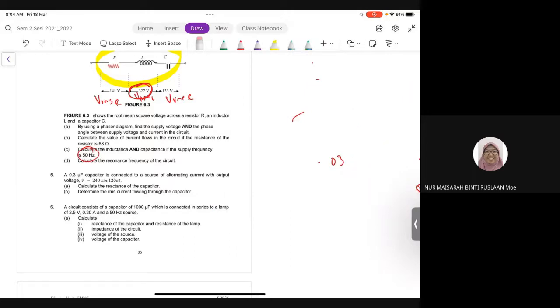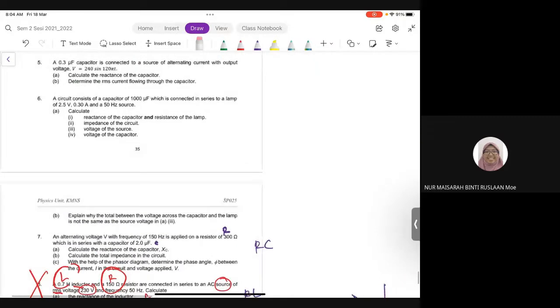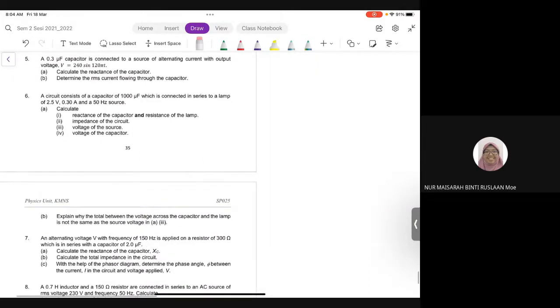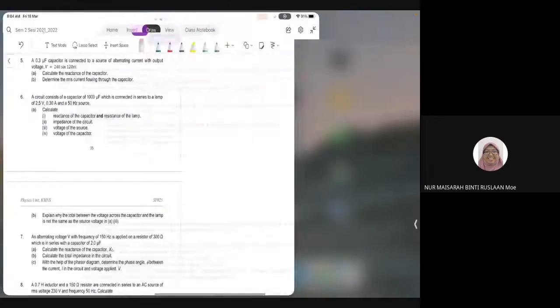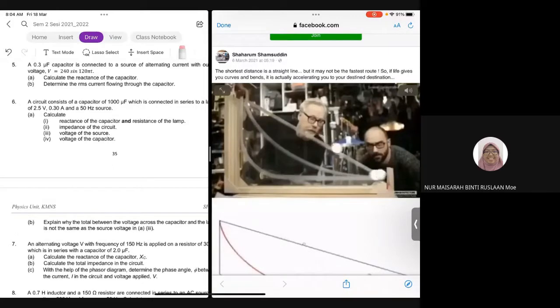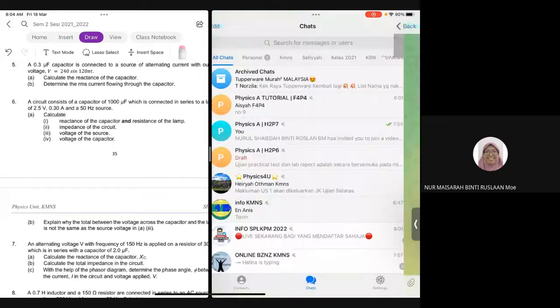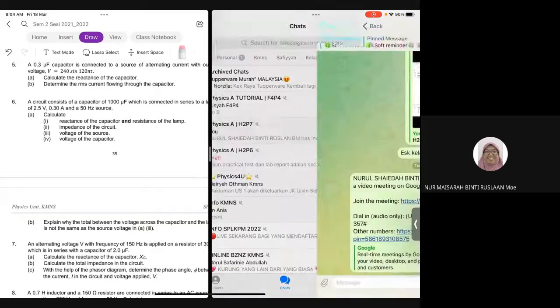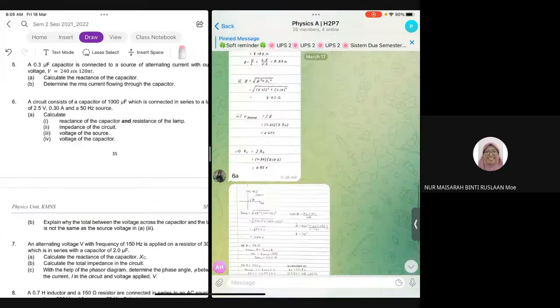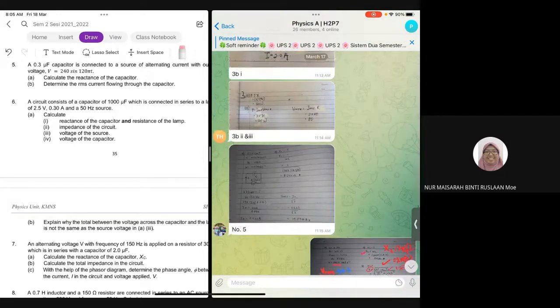Mungkin kelas P4 kot, 5 dah ke F4. Tak apalah, saya ulang balik lah nombor 5. Tak tahu, nombor 5 ada yang dah jawab ke?